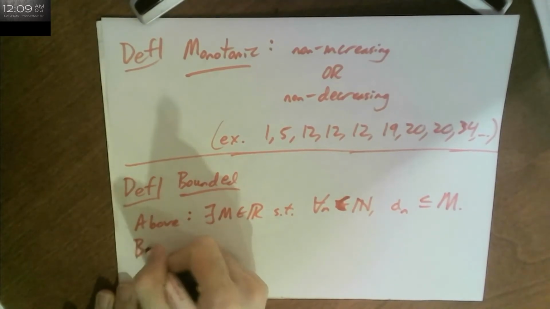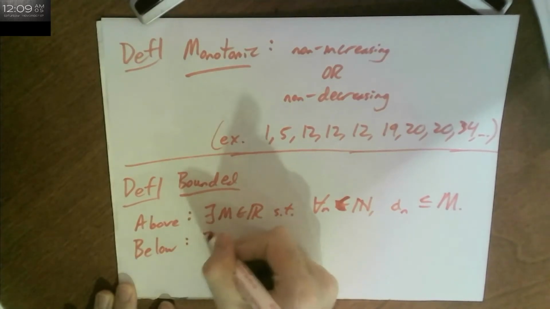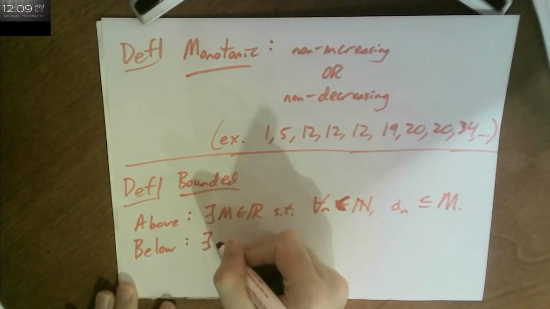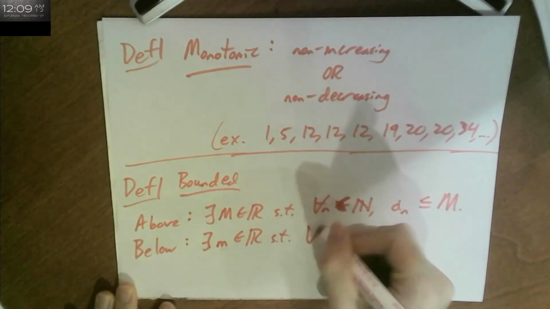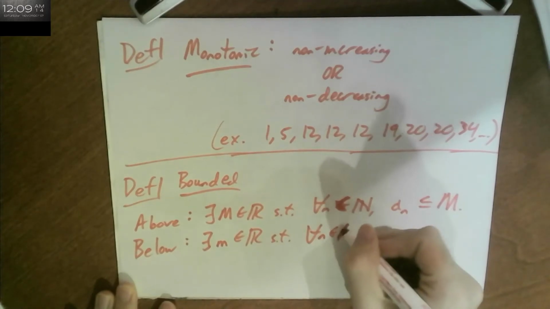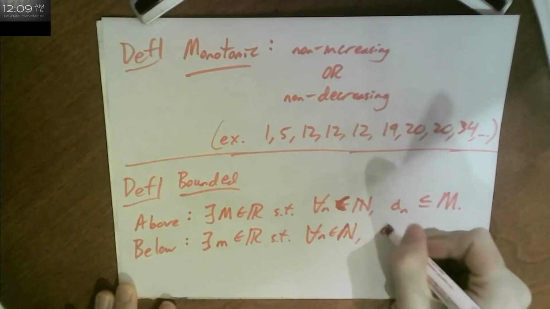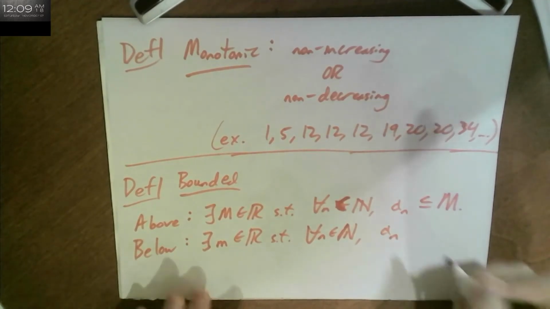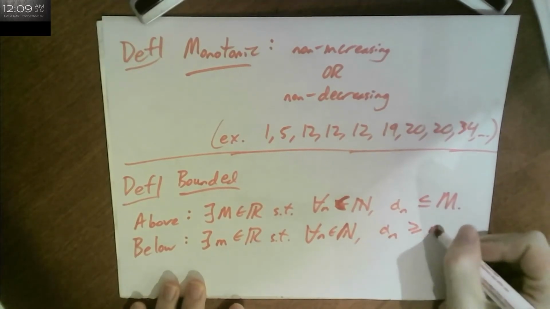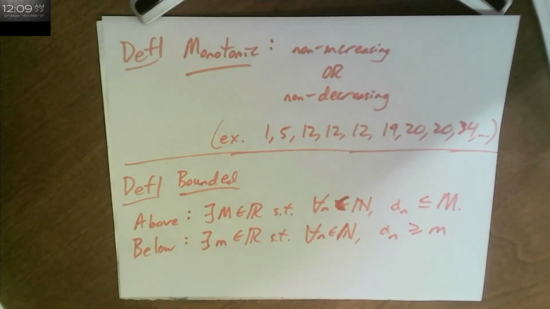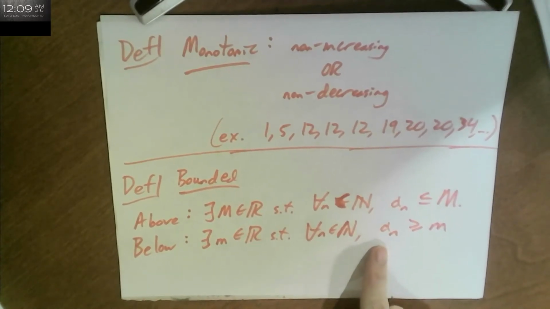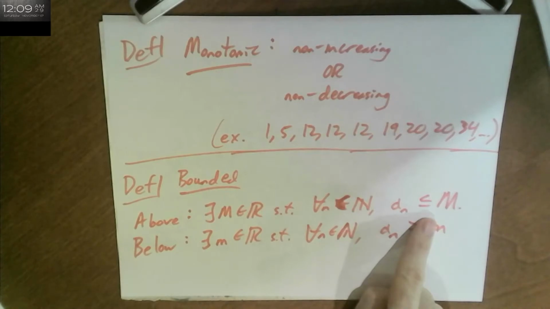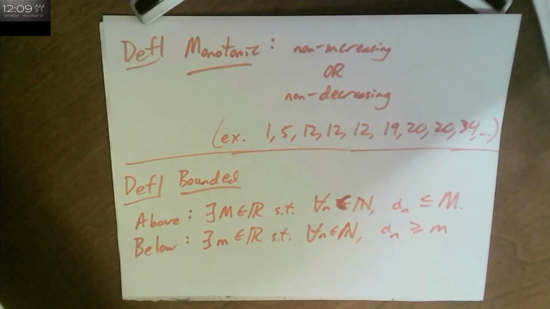We can be bounded below. There exists a lowercase m, some real number, such that for all of the naturals, your sequence terms a sub n are at least as big as little m. So bounded below means there is something that is below all of your terms. And bounded above means there's something above all of your terms.